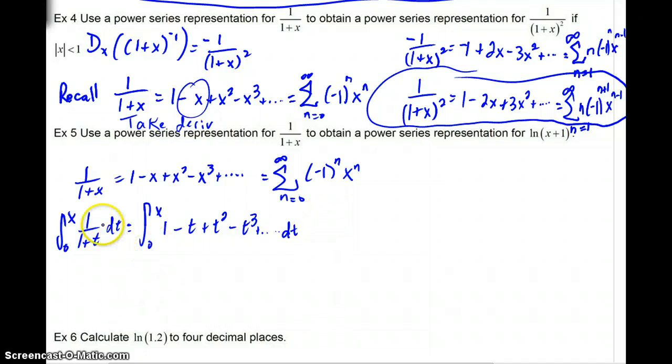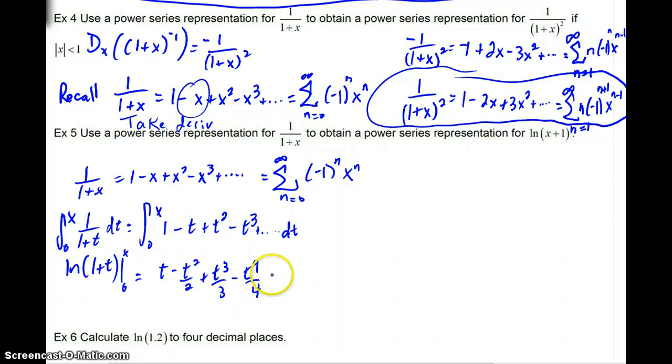We know that as we integrate here, we get the natural log of 1 plus t. As we work this out, antiderivative term by term, the antiderivative of 1 would just be t. This would be t squared over 2, this would be t cubed over 3, this would be t to the 4th over 4, plus dot dot dot, using the fundamental theorem going from 0 to x.